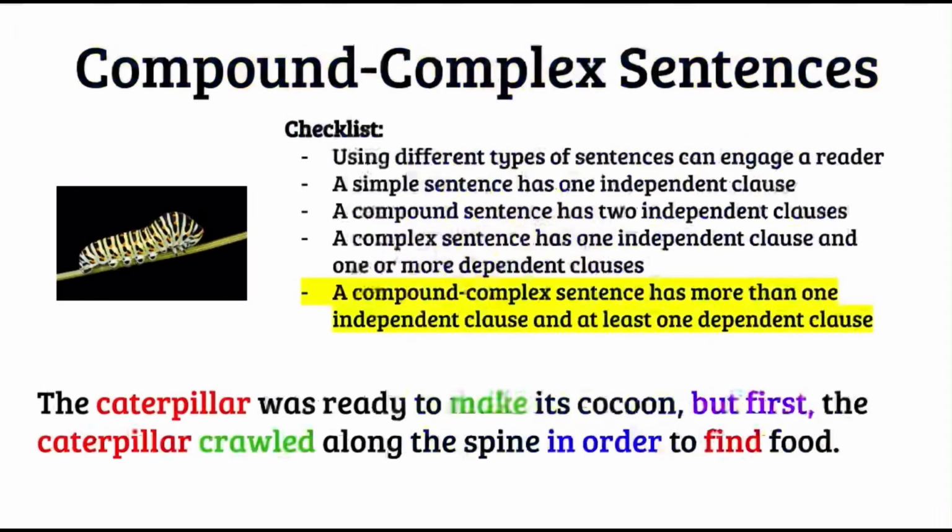And the last one, which is a little bit tricky, is a compound-complex sentence. So you're going to have an independent clause. So the caterpillar is ready to make its cocoon. It's a sentence all by itself. Then I'm going to have another independent clause. But first, the caterpillar crawled along the spine. The caterpillar crawled along the spine is another independent clause. And I'm going to have at least one dependent clause, to find food.